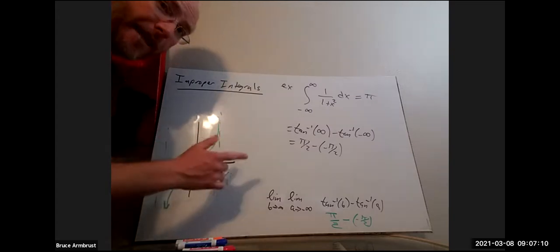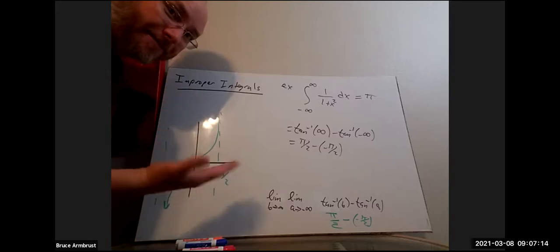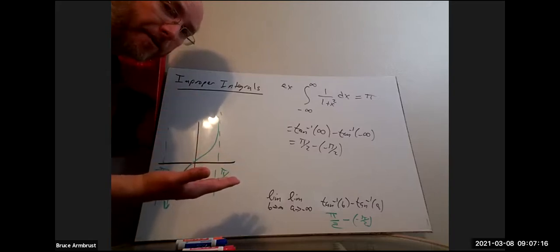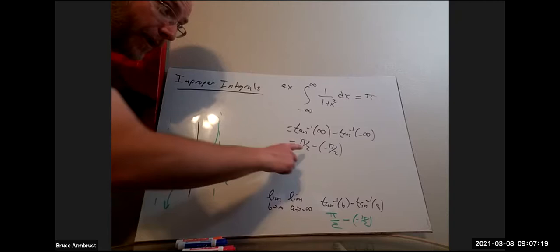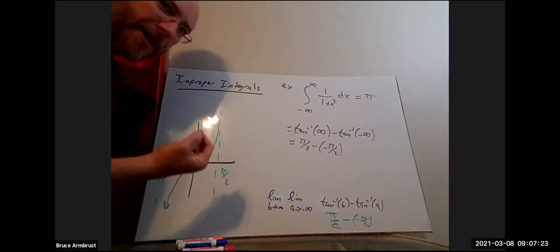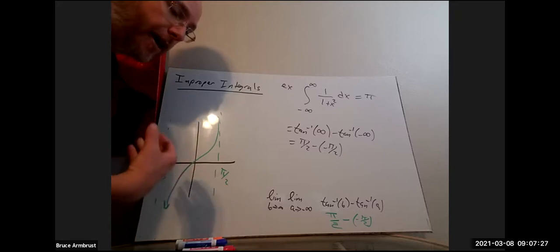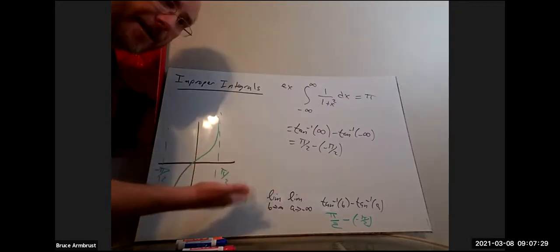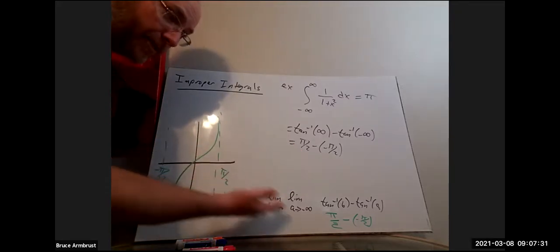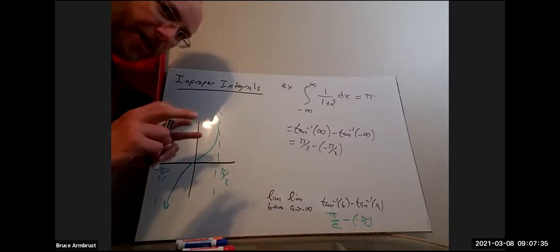So I'm just going to put in that infinity, but I'm not really putting in infinity because infinity is not a number, right? So what I'm doing when I write that, that's my shorthand for take the limit as you go to infinity and see what happens. All right, so you'll see me do it like this instead of writing out the limits, but technically we're taking the limits because you can't plug in infinity.